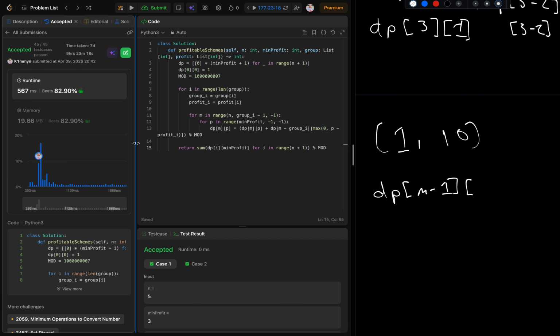But yeah, I think the tricky bit for me, when I initially read the solution, was this bit.